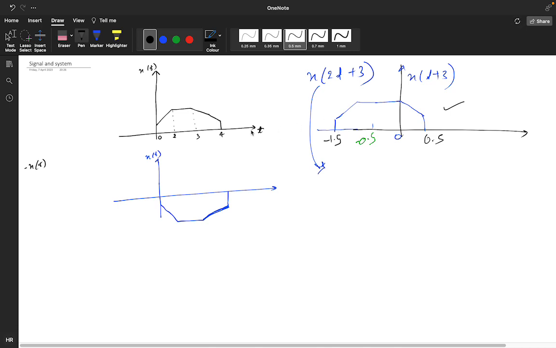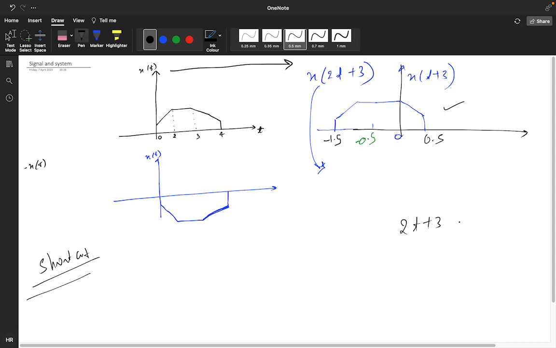Without this, we can directly shift these things. What is the new method? Shortcut. You want to convert this x of t into this signal. Just substitute 2t plus 3 equals 0. What will be the value of t? Minus 3 by 2.